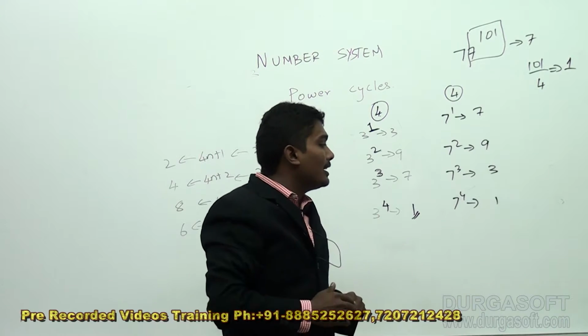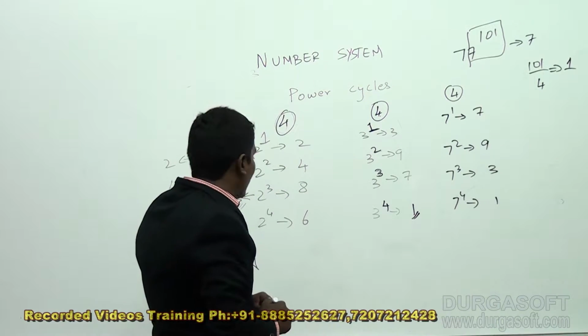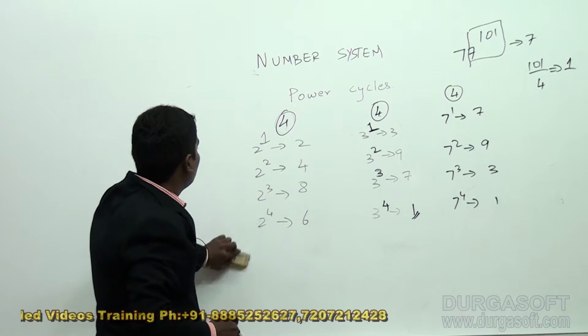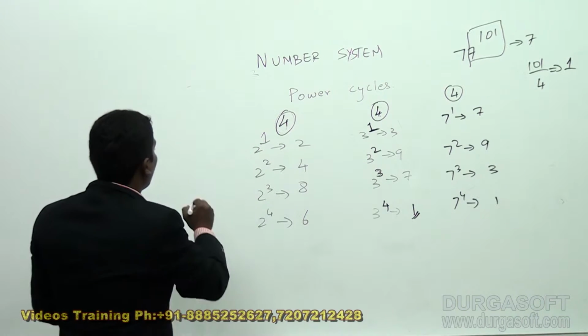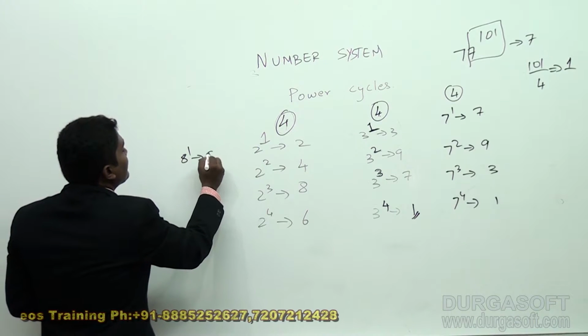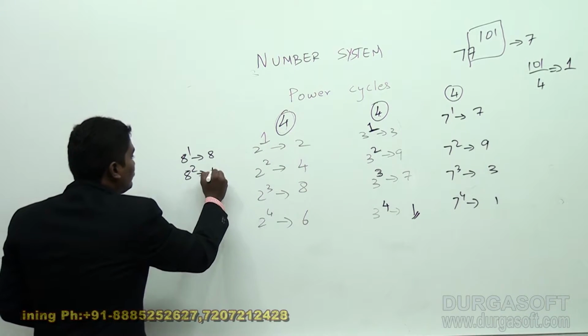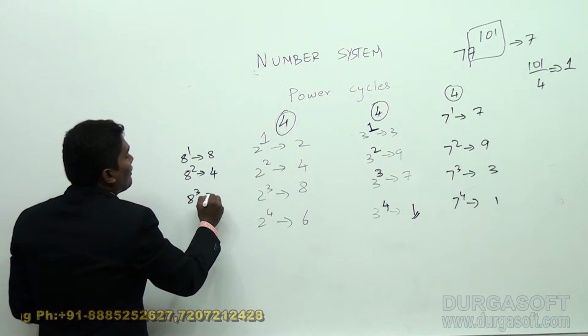Next we look at the power cycle of 8. So 8 to the power 1 is 8. 8 square is 64. The unit digit is 4. 8 cube is 512.